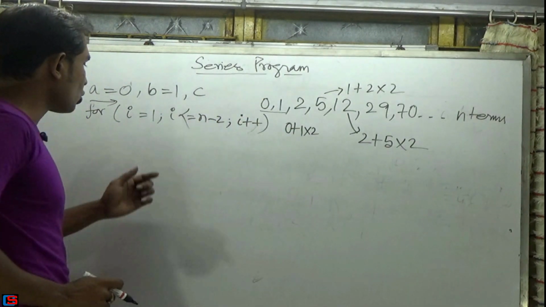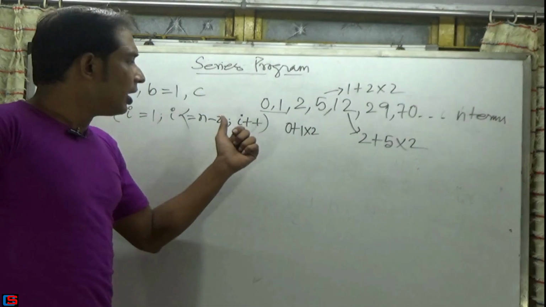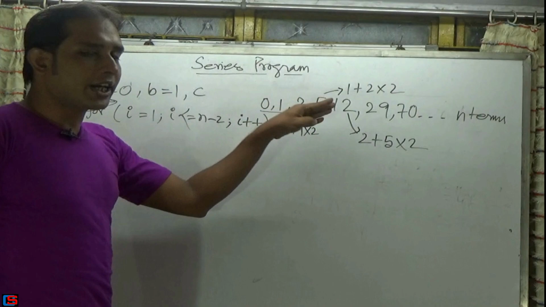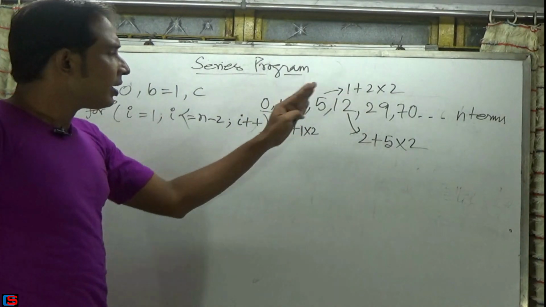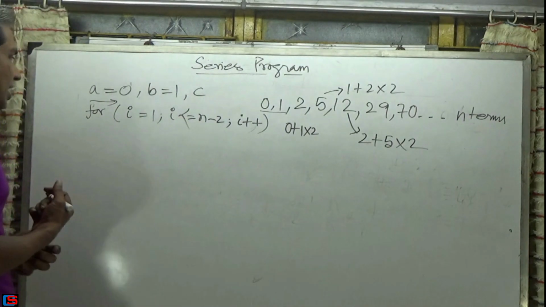In this case also the LCV, or loop control variable, that is i, is not related with this series. The series is related with the variables a, b and c.